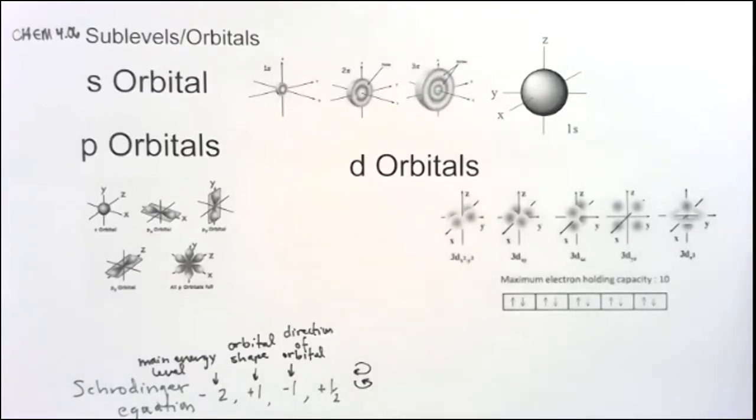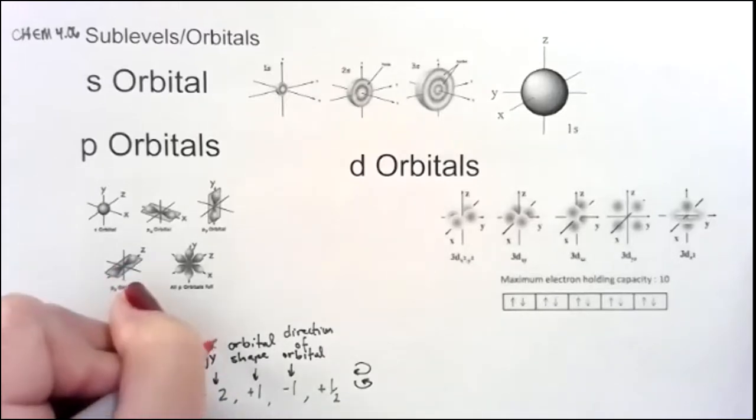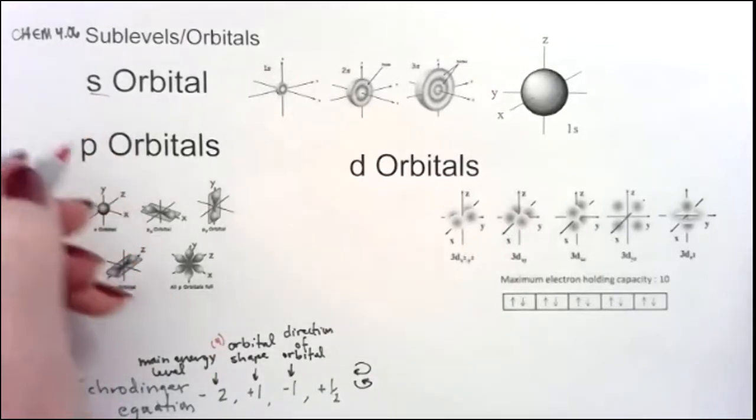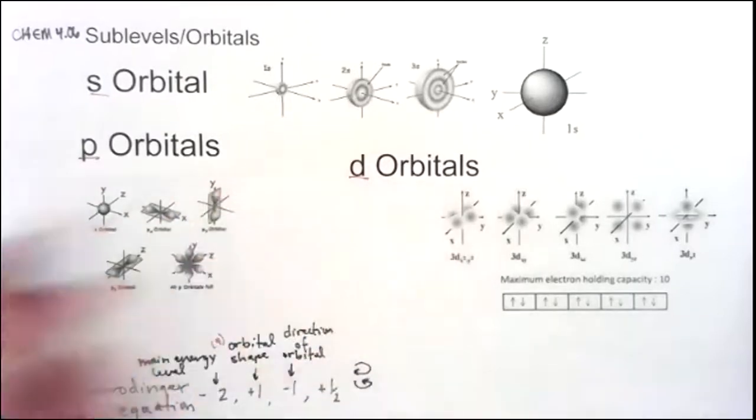So let's get into this second number, the orbital shape. It can be a 0 through 3. There are 4 different possibilities for these orbital shapes. We have S, we have P, we have D, and not pictured on this paper are F orbitals.